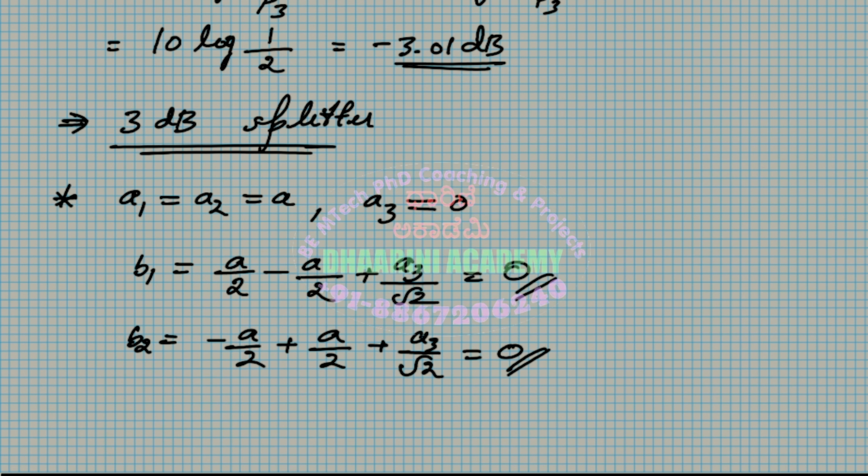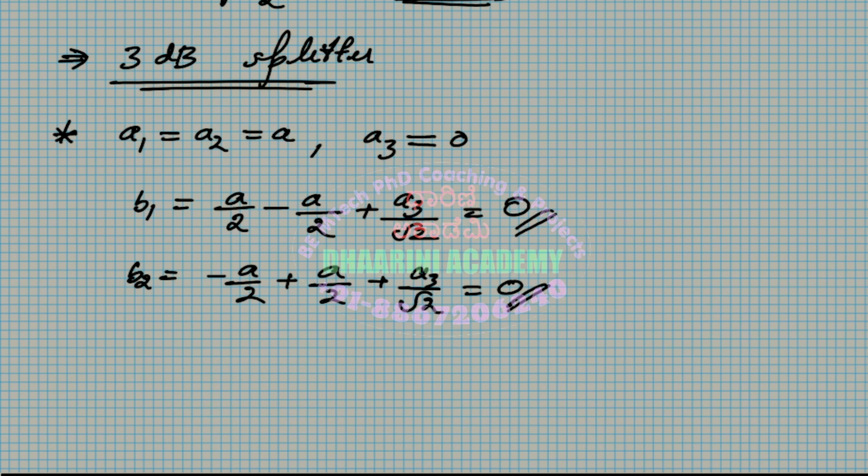Let's calculate what comes at the output of the third port. B3 is equal to A1 by root 2 plus A2 by root 2 plus 0. That means it's simply 2 times A by root 2.